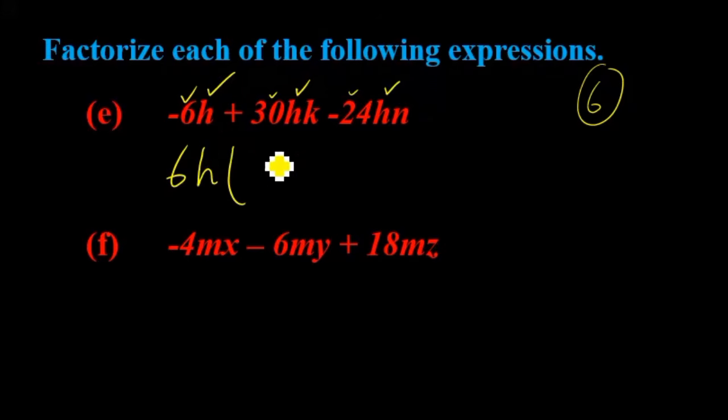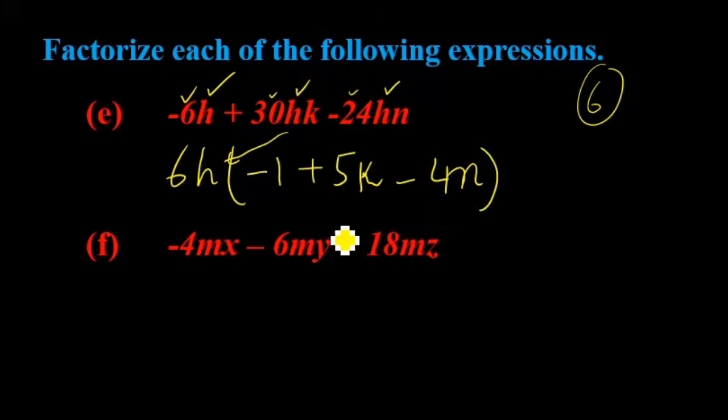How many 6s make 30? 6 5s are 30. H is taken out. So k is left there as a variable. Minus 6 4s are 24. Again h is common, taken out, and only n is left. 4n is there. So 6h bracket start minus 1 plus 5k minus 4n is your answer.